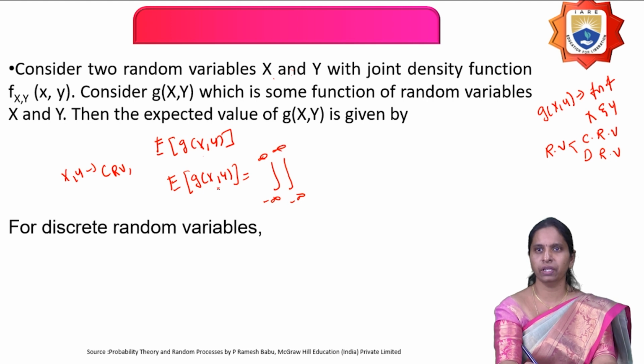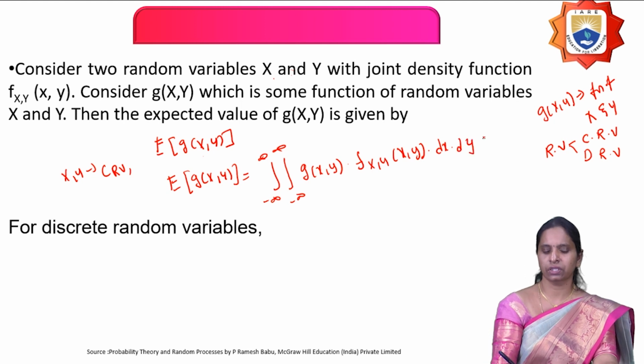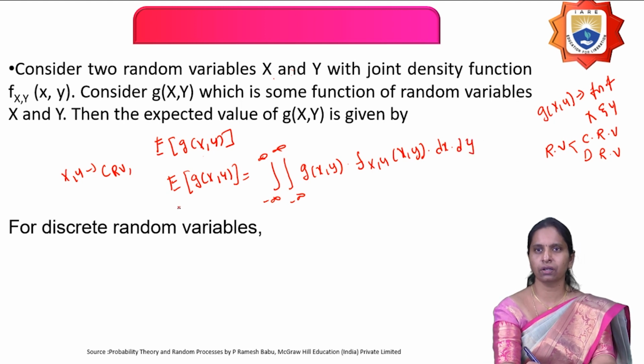So, expectation of any function is that function, g of x comma y, into the joint density function fXY of x comma y, into dx into dy. This is the expectation of a function of two random variables when they are continuous.